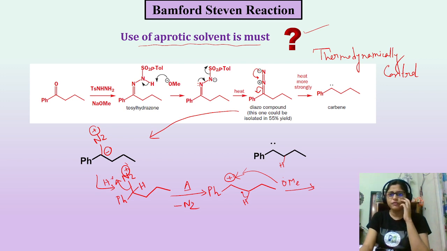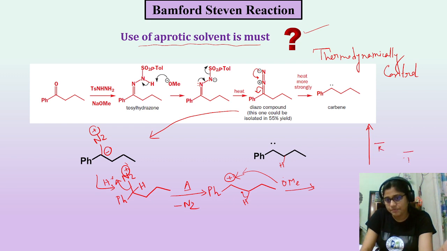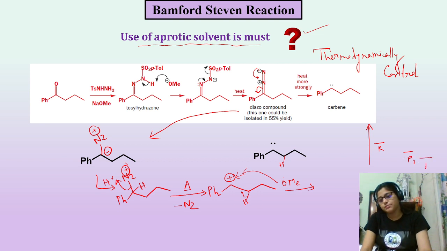So it will always be thermodynamically controlled, but not like that. If we see the energy profile diagram here, let's say this is reactant R and this is product P. Let's say P1 and P2 are possible. In the case of the thermodynamically controlled product, P2 is in higher amount.